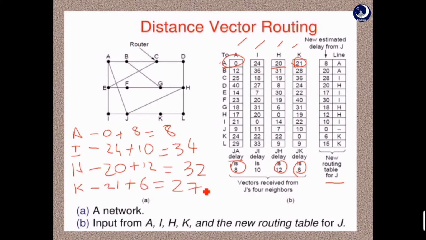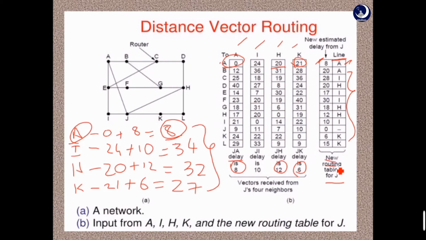So we have to calculate the minimum of all. Which is minimum? 8 is minimum. So we picked 8. And from which line did it come? It's from A. So we wrote that here. This is how we fill the table for all the destinations. The same calculation is performed for all destinations, and this gives us the new routing table.